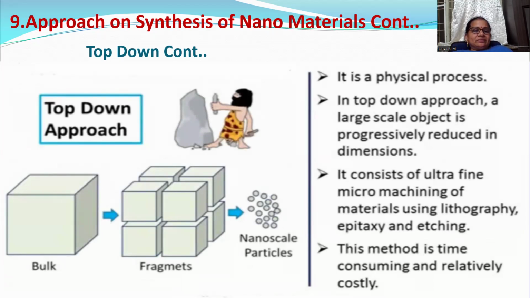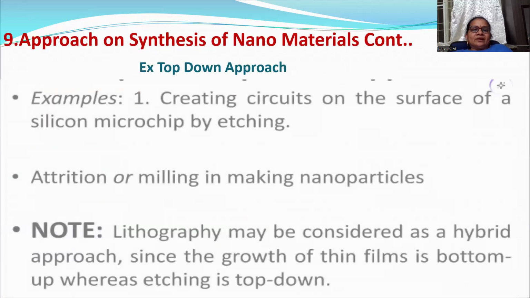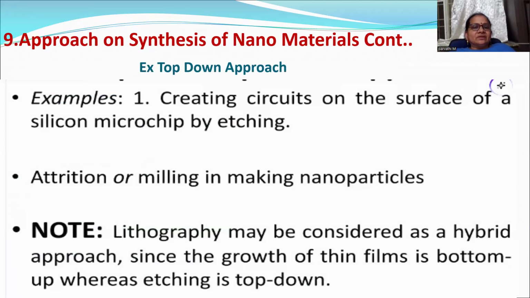So, if you see the picture, bulk is cut down into fragments, that is again cut down into nanoscale particles. So, for that, we require a fine lithographic process. Similarly, epitaxy, etching, it's like IC making from the wafer. Okay, so creating circuits on the surface of a silicon microchip by etching. So this is an example.